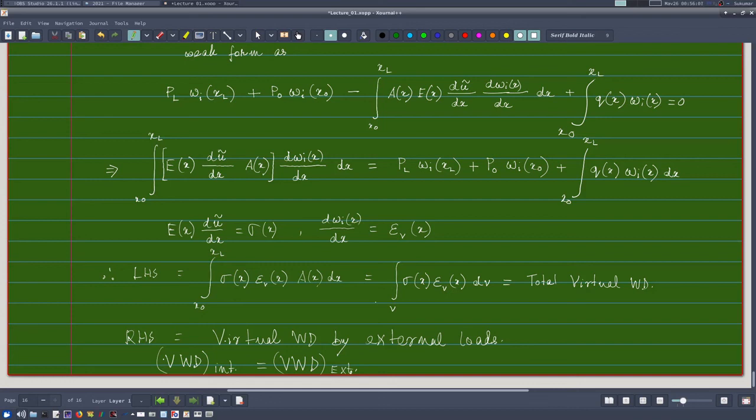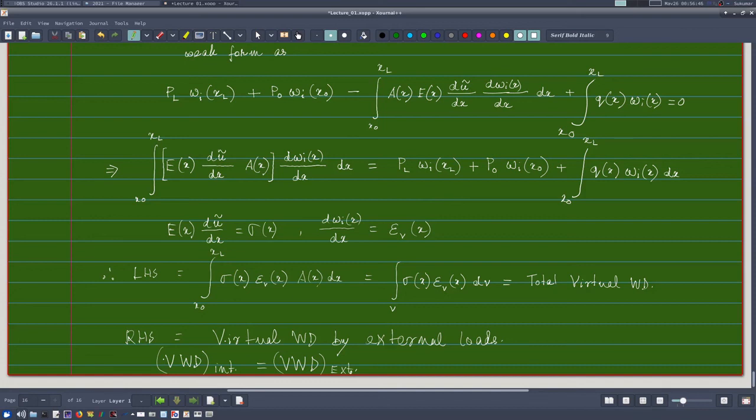Now remember, when we look at it in this form, that these virtual displacements, that is the weighing functions, must also satisfy the essential boundary conditions. And that point we have already discussed earlier also, because these weighing functions are variations of the assumed solution itself, and therefore they must fulfill the essential boundary condition by the definition of the admissible solution itself.